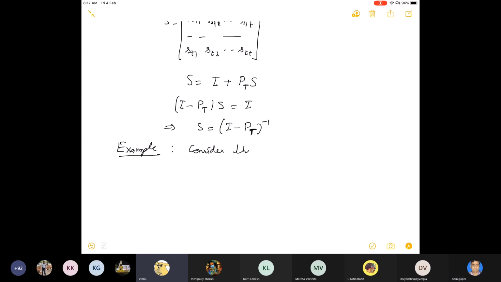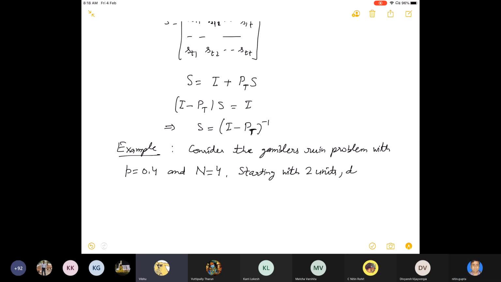Consider the gambler's ruin problem with P is equal to 0.4 and N is equal to 4, starting with 2 units.